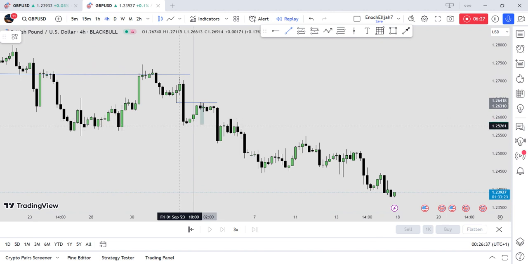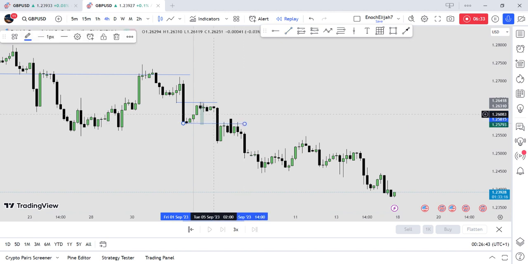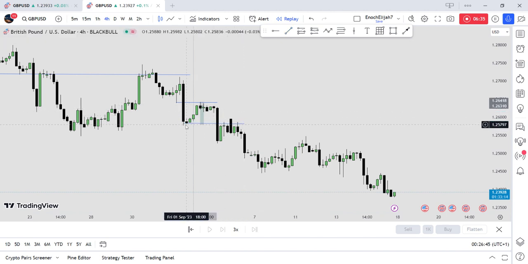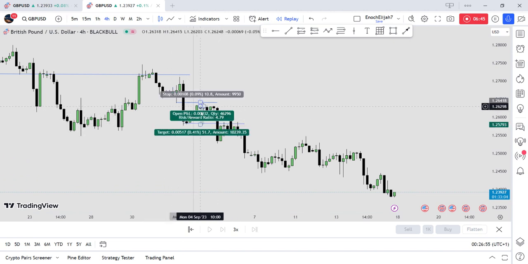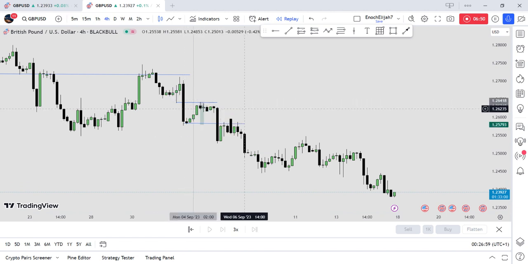We have this same mitigation block or low, plus imbalance in between. Between this low and this high, there are PD arrays, there's a mitigation block, there's an order block, there's imbalance. So price can sell from any of those ranges.